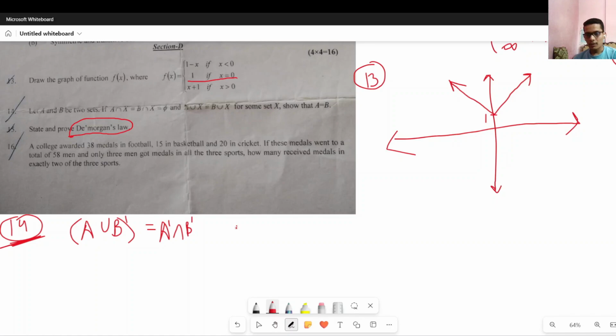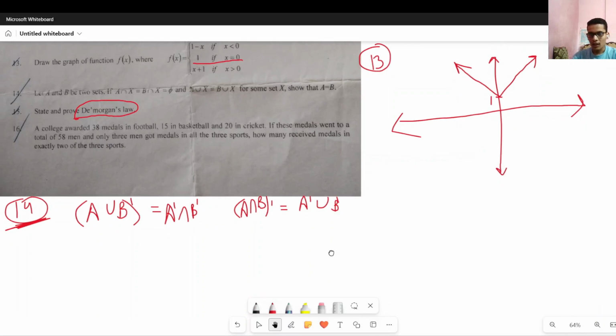Okay. Similarly, (A intersection B) whole complement will be equal to A complement union B complement. Okay. You can take examples, and with the help of Venn diagram, you can prove this De Morgan's law.